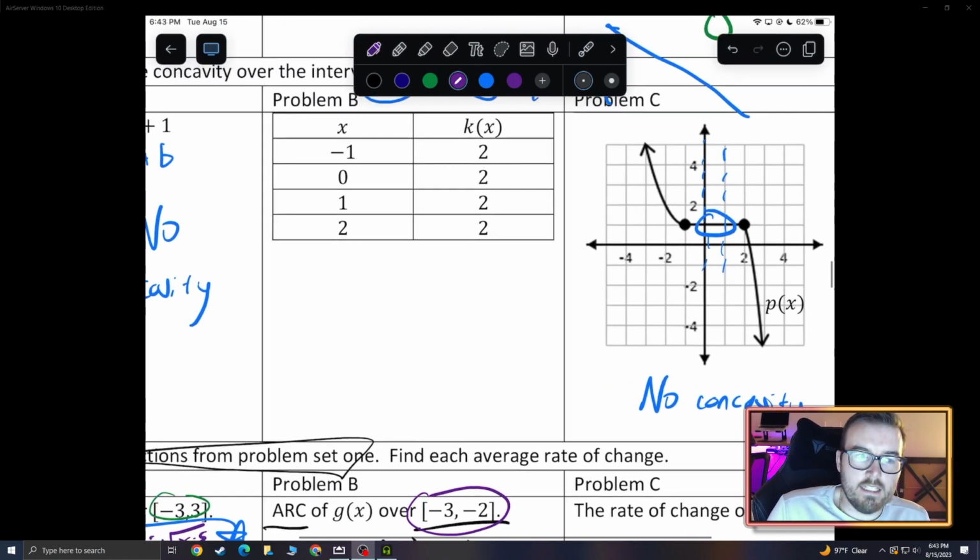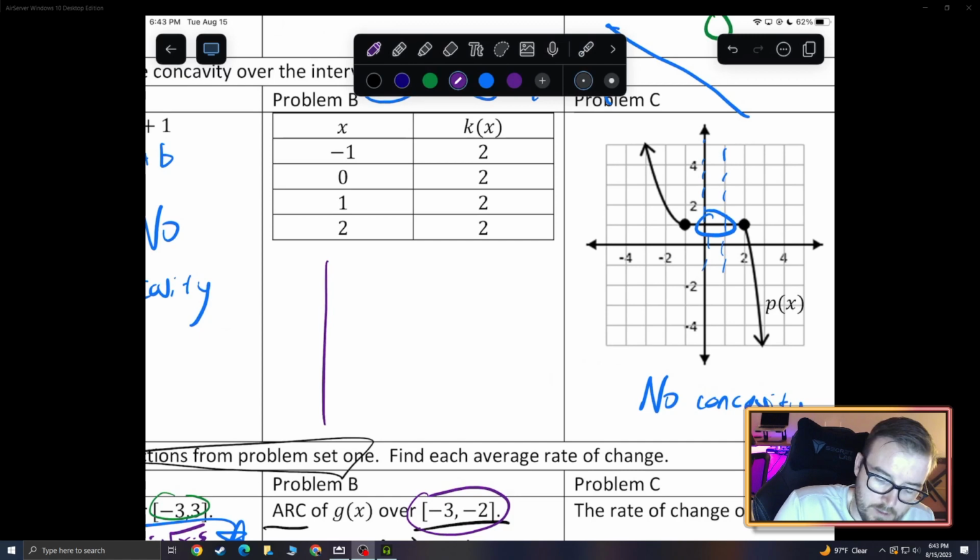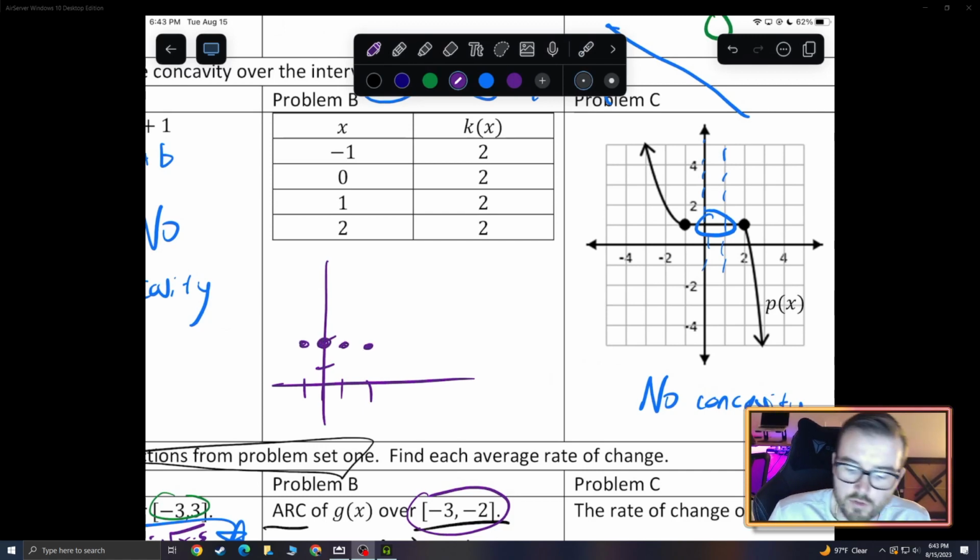Now, you might look at this table and be able to visualize it without drawing anything, but for those of us who might not be able to, let's plot this real quick. -1, 0, 1, 2, and then... So those 4 points are just going horizontal.